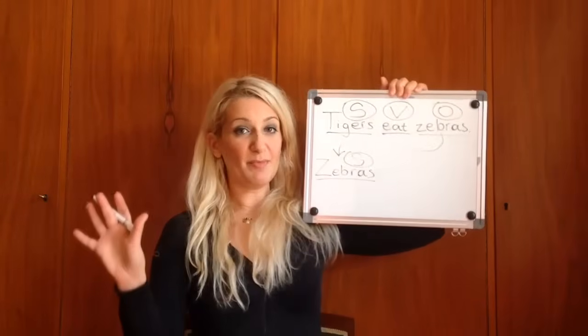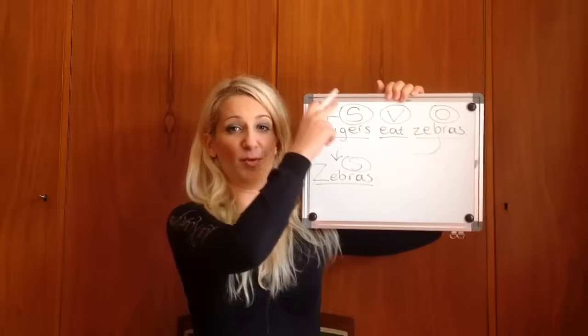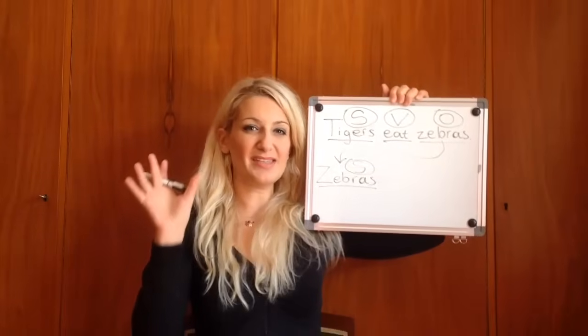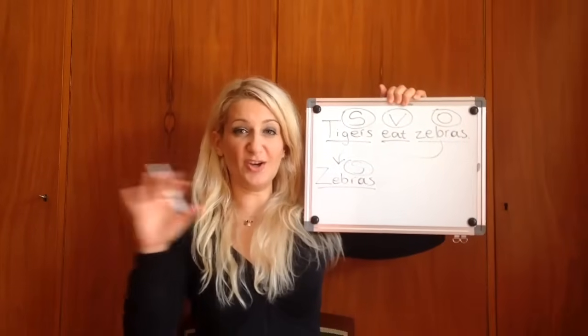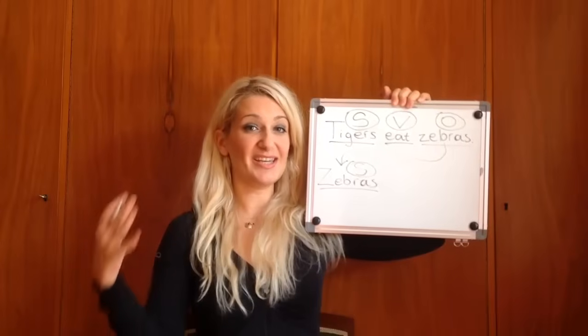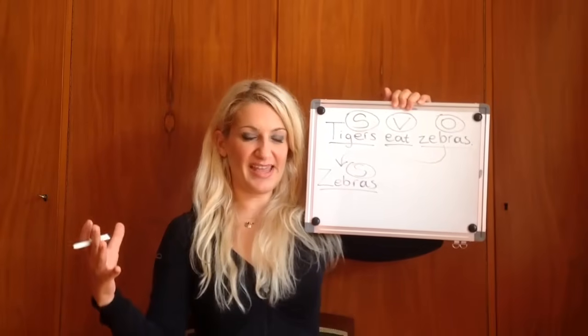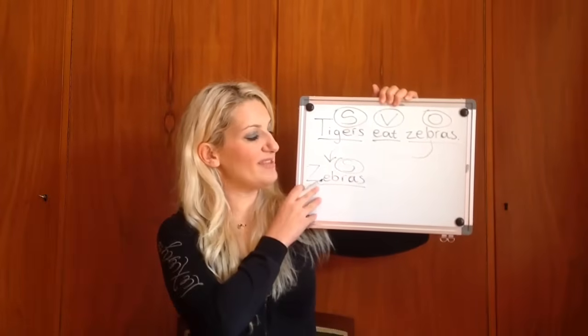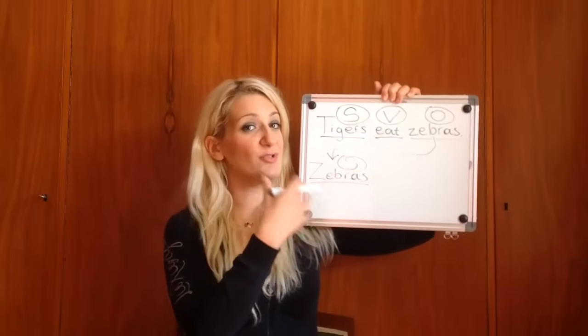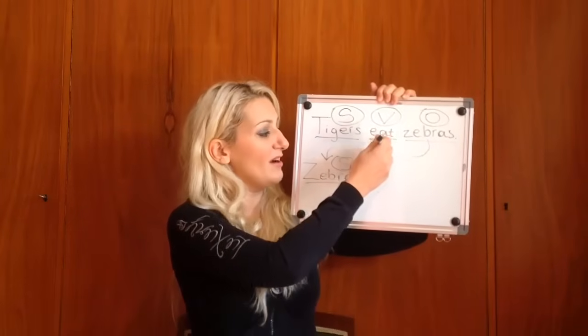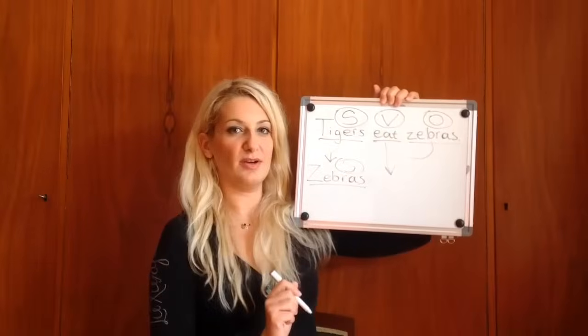Keep in mind that both the active and the passive sentence must have the same meaning. You cannot change meanings, you cannot change tenses. You must use the same. So, in order to have the same meaning in the passive, we have to transform our main verb into passive voice.